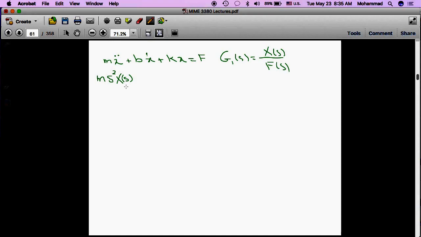That is the Laplace transform of x double dot if, please remember that, if all initial conditions are equal to 0. If not, there would be two more terms. If you look at your notes, you would see that in general, the Laplace transform of x double dot has two more terms that involve initial conditions, initial position and initial velocity. But because we make that assumption that initial conditions are equal to 0, we can simply write the Laplace transform of x double dot as s squared times x of s.